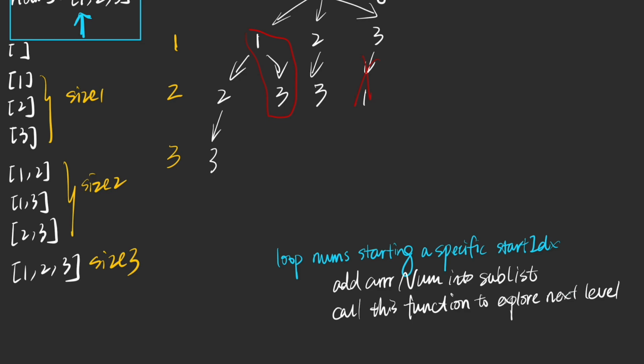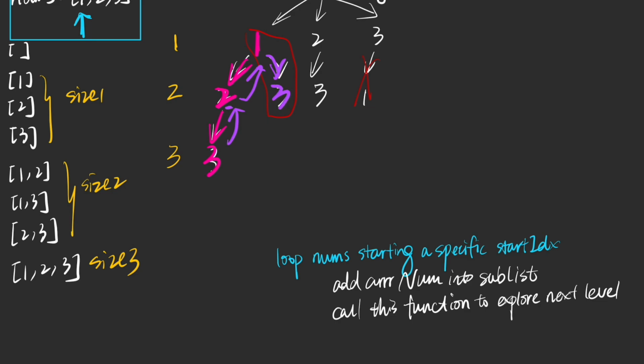After we explore the next level, for example, if we already explore from 1 and then to 2, and then next to 3, we need to revert back to 2. I'm thinking, can we add other numbers? But we don't have other numbers, so we continue to go back to the last level, to 1, and which is the next one we can add? Because we already traversed 2, we can only add 3, right?